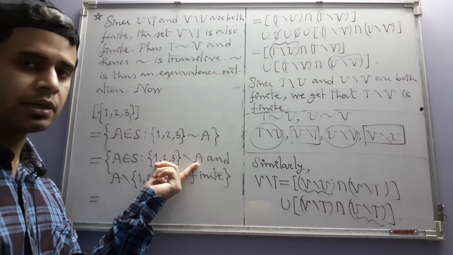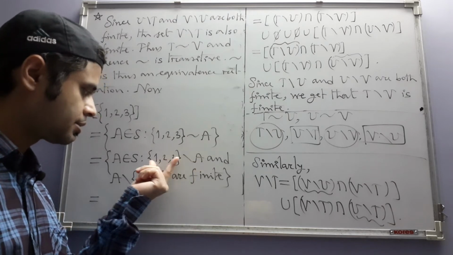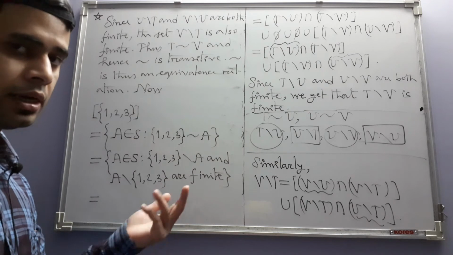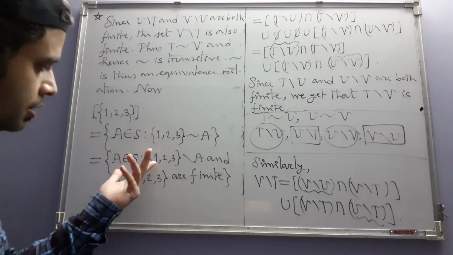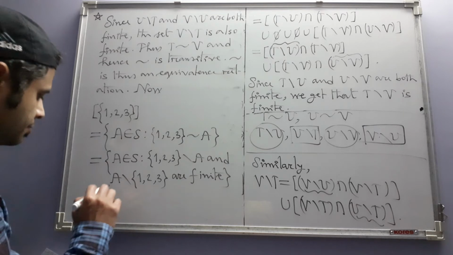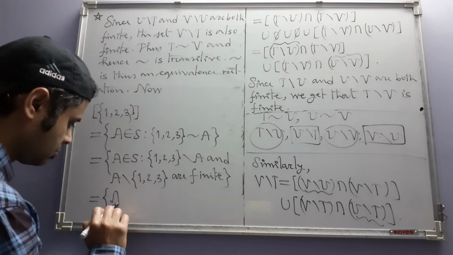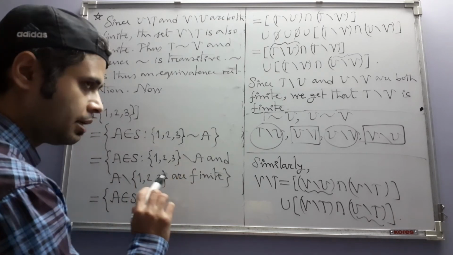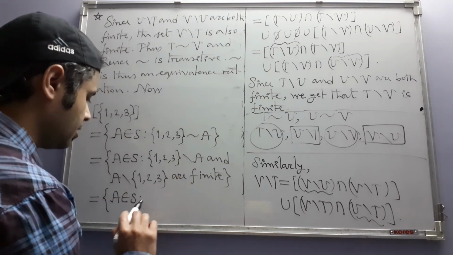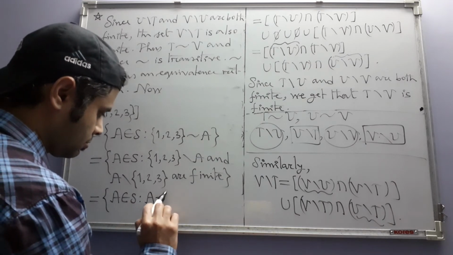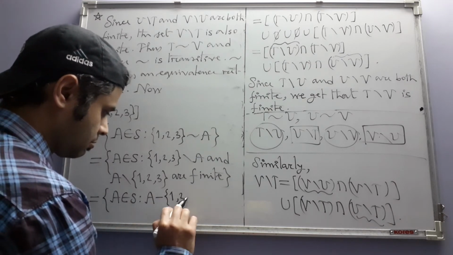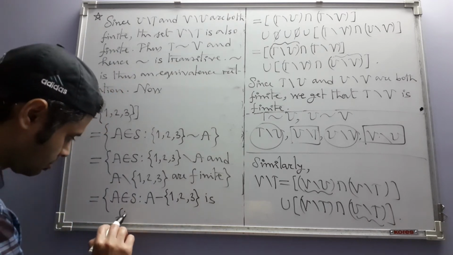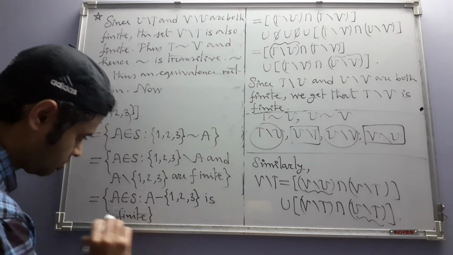This is always finite. Why? Because it is a subset of this finite set. So regardless of what A is, whether A itself is finite or infinite, this is always going to be finite. So this does not determine anything. This does not say anything about A. This one does. Is finite.